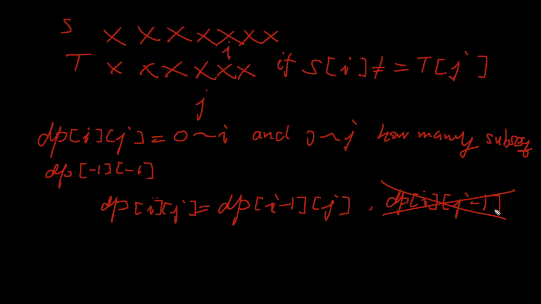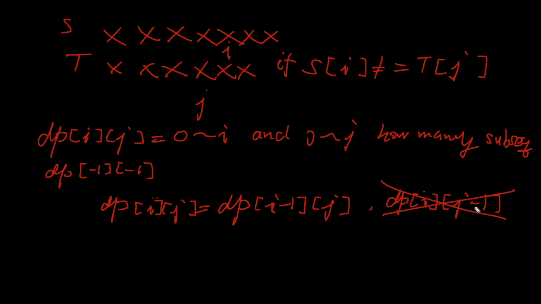I don't quite remember which problem that was, but for this one, we cannot consider this. And why is that? This is because for this problem, we want to know if all the characters from 0 to j are part of the subsequence from 0 to i, right?